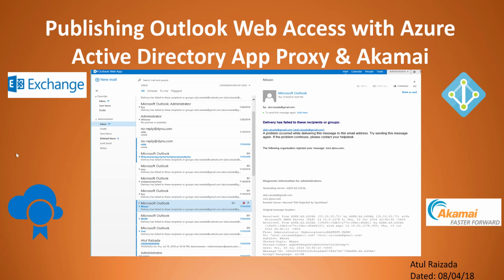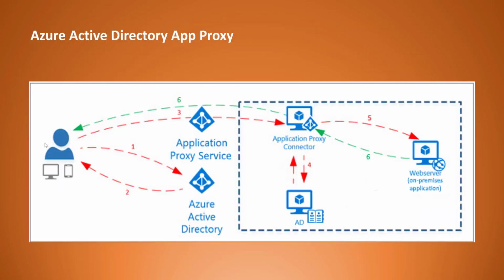The next slide should show you the flow of how Azure Active Directory Application Proxy works. For those who have not worked on Azure AD App Proxy, in a very simplistic way, we can say that Azure Active Directory Application Proxy can work like a DMZ for customers' production environment, and the DMZ is being delivered through Azure.